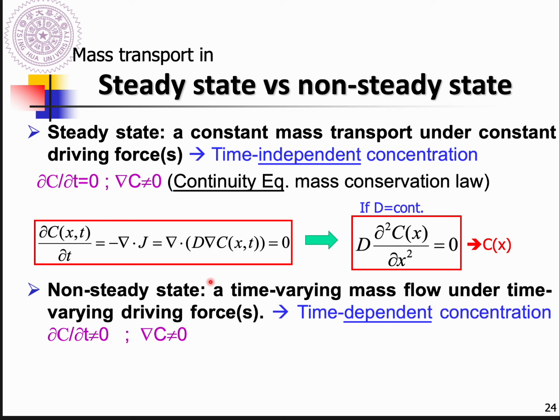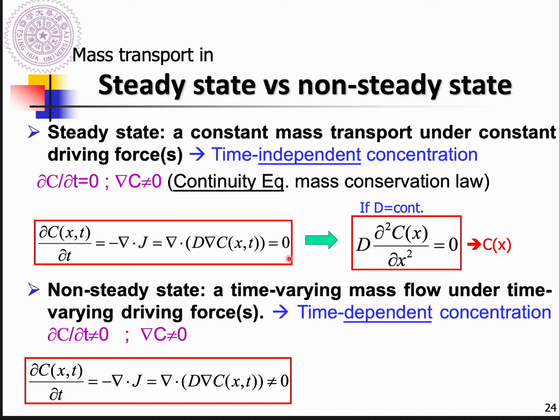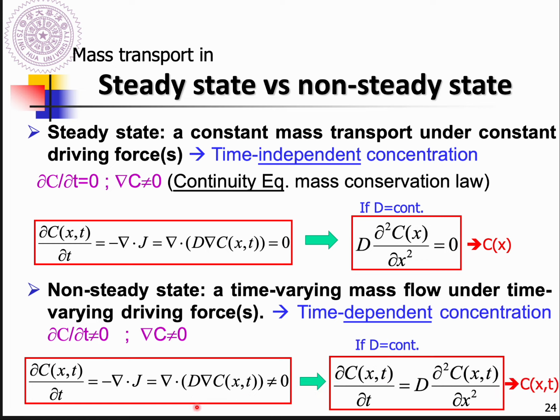But how about if what we deal with is a non-steady state? It means the concentration profile does change with time. This part changes with time, so it's not equal to 0 anymore. So we need to solve this differential equation with two parameters. Also we assume the diffusivity is constant, so take the diffusivity out.